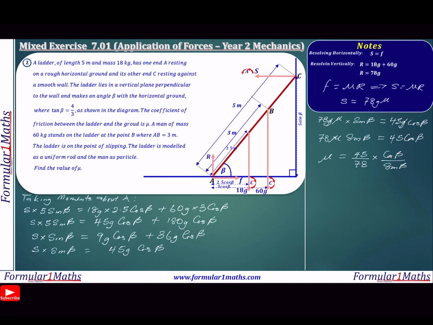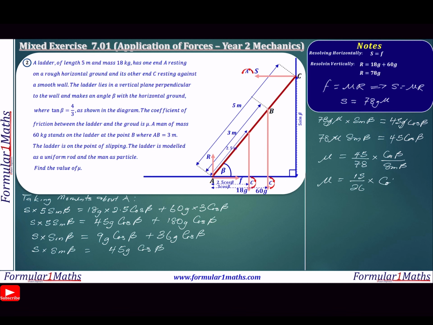But from pure maths, we know that cos beta over sine beta is equal to cot beta. And so 45 over 78 will reduce to 15 over 26. So mu is 15 over 26 times cos beta over sine beta, which is cot beta.